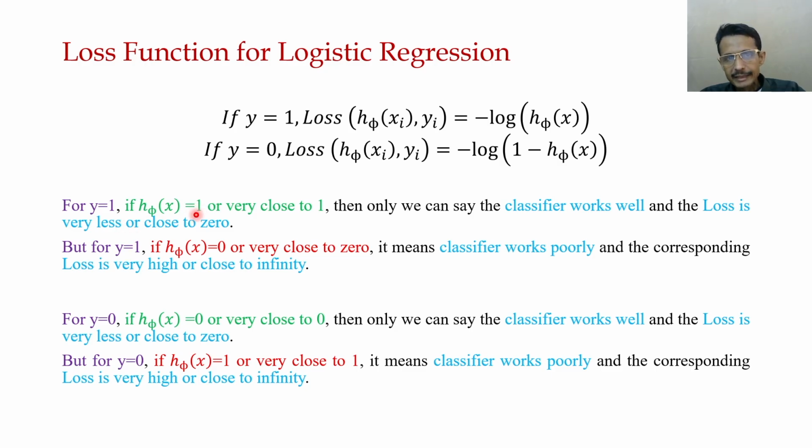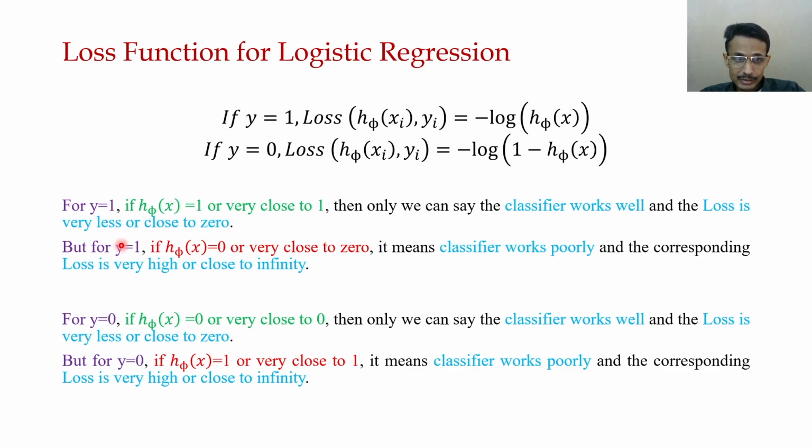If we predict 1, or very close to 1, then we can say our classifier works well, and the loss is very low, close to 0, because that is our intended output and our classifier is working as intended.